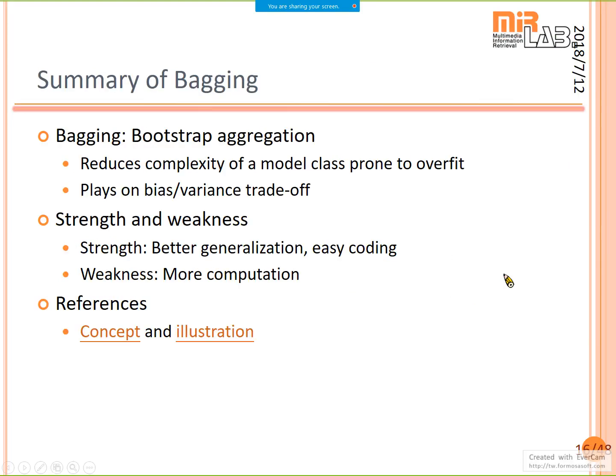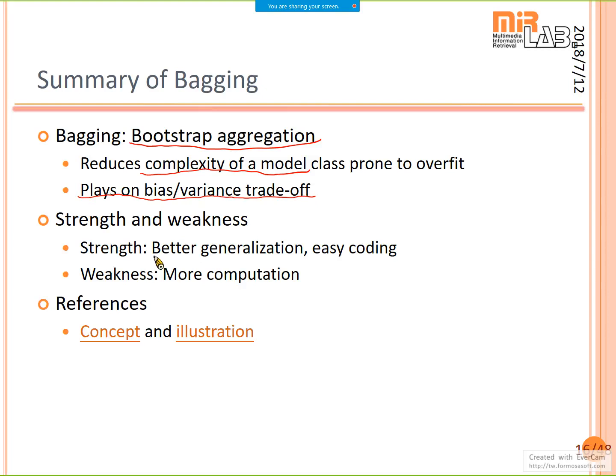So here we have a summary of bagging. Bagging stands for bootstrap aggregation, and because you are using a simple weighted average or majority vote, the complexity of the model can be kept down, and it plays on the variance and bias trade-off. When you are doing the averaging, you are reducing the variance of the bias-variance curve.